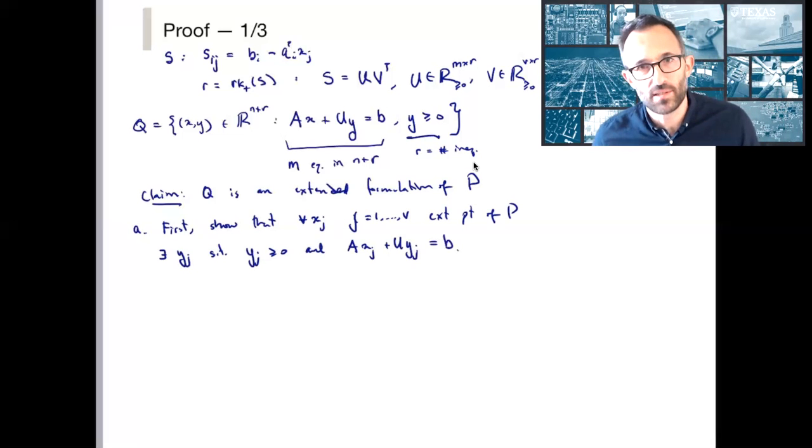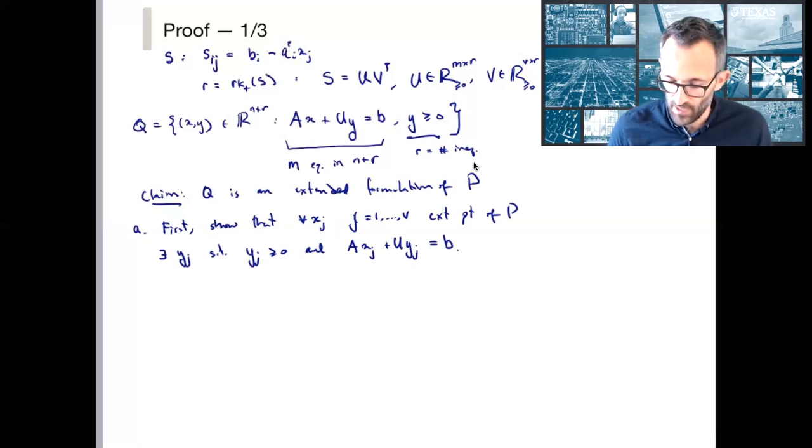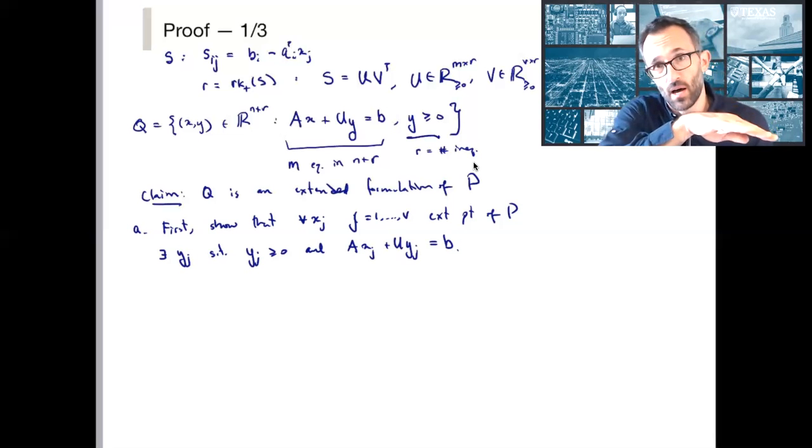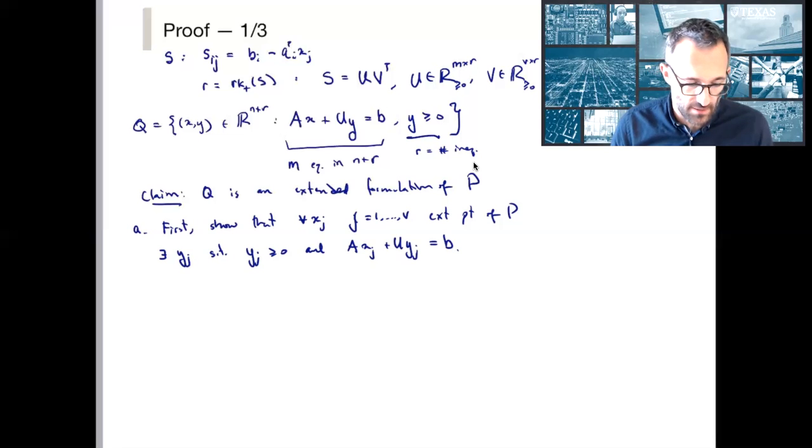And you can almost see what's going to happen here. We've got our A xj minus b, that's all the slacks. And in order to make that equality, we just need to make U yj equal to that jth column of the slack matrix. So let's write down the details.